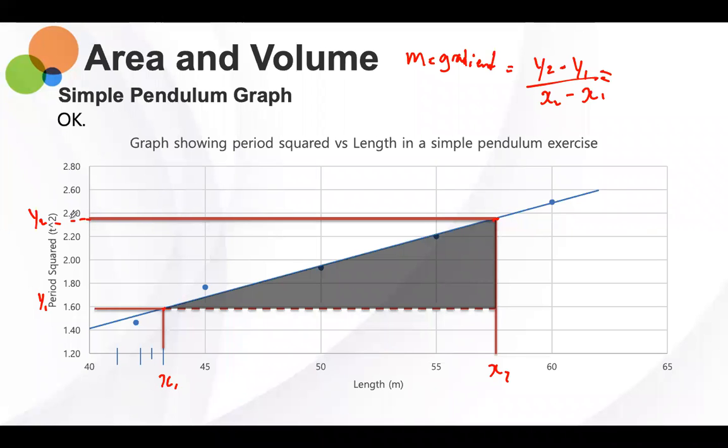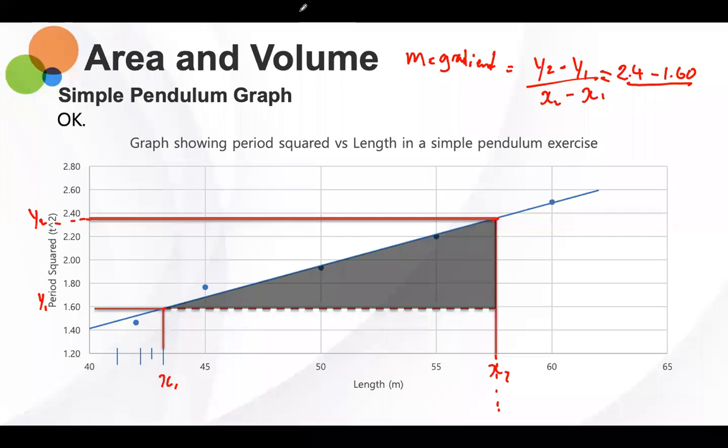This is approximately 2.4. And what is y1? 1.6. So 2.4 minus 1.60 over x2. What is x2? 57.5. We have 55 here and 60 here, and in the middle of 55 and 60 we have 57.5.